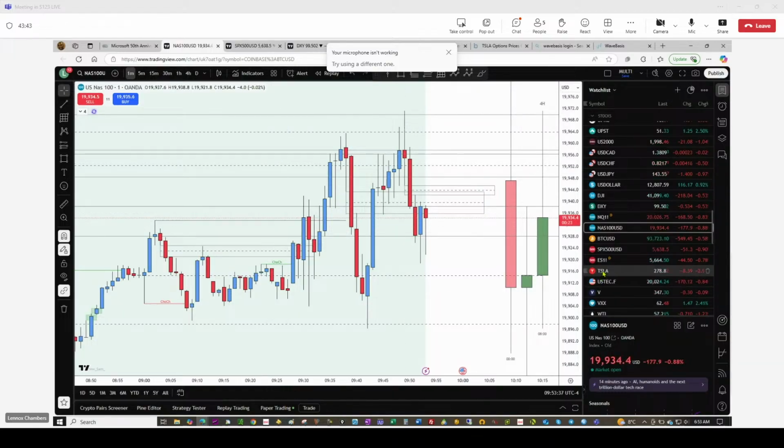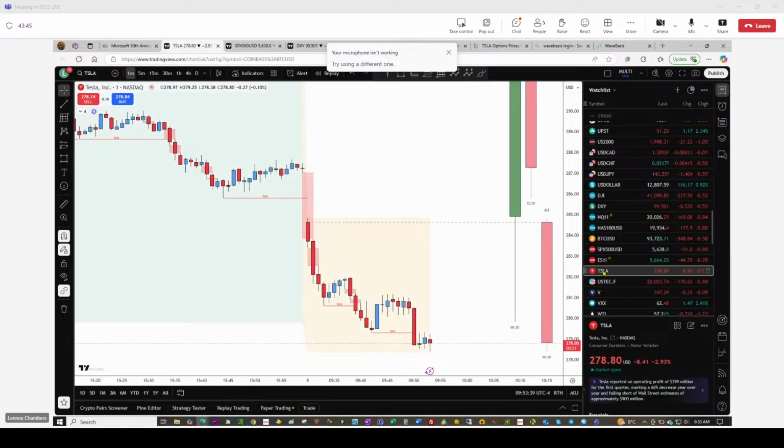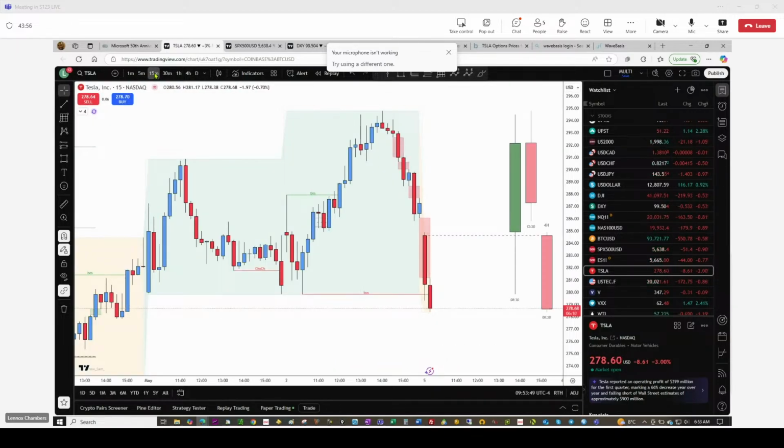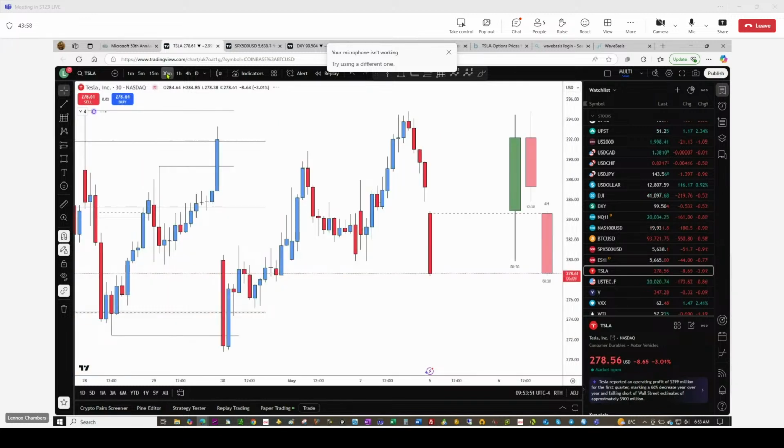That was Tesla. Tesla is slowly making its way down, a very slow, methodical move here. So you can see what we were expecting from last week, that we could get this move back down.